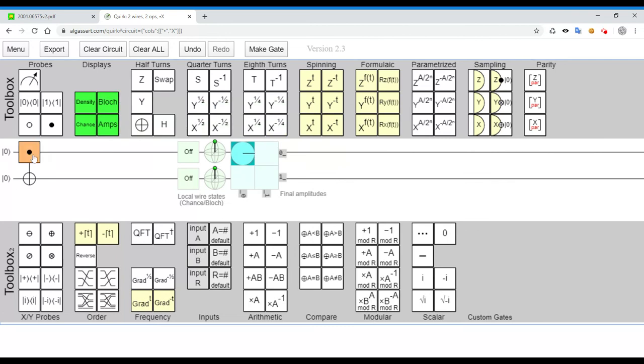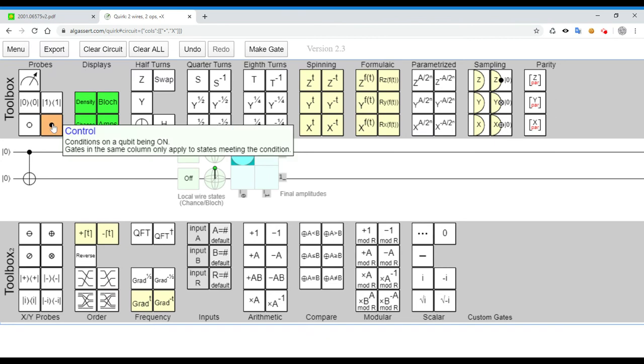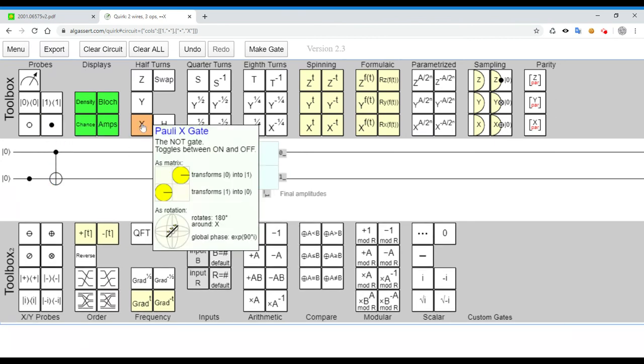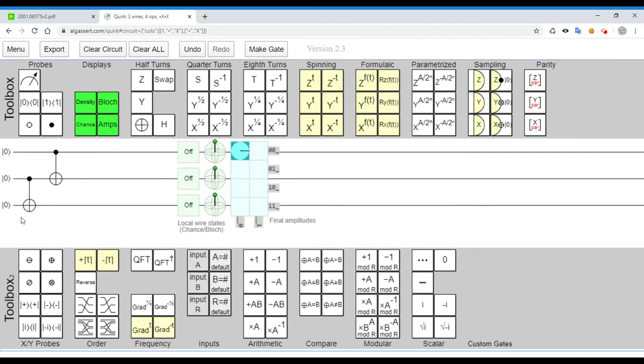So if this is 1, then flip that. Or if this is 1, then basically flip that.